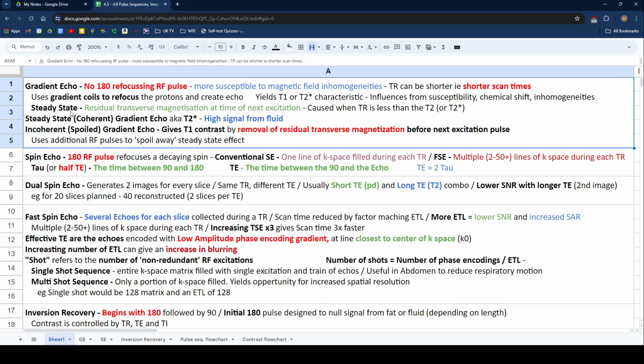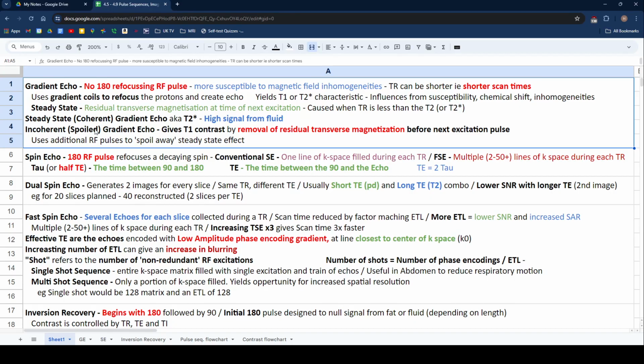Steady state is where there is residual transverse magnetization at the next excitation. It's when your TR is less than your T2. So steady state coherent gradient echo, aka T2 star, gives a high signal from fluid.